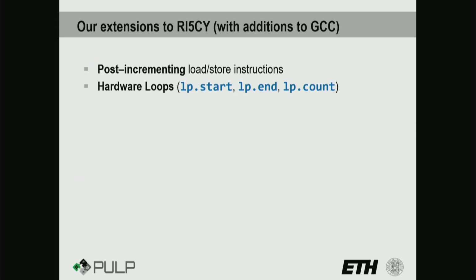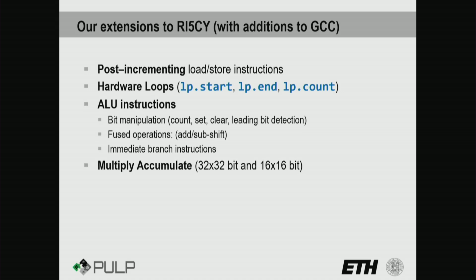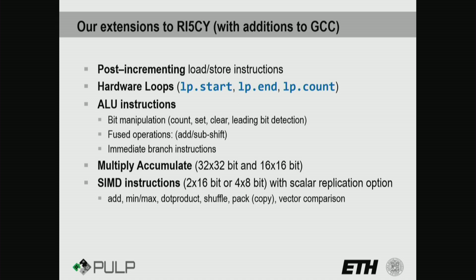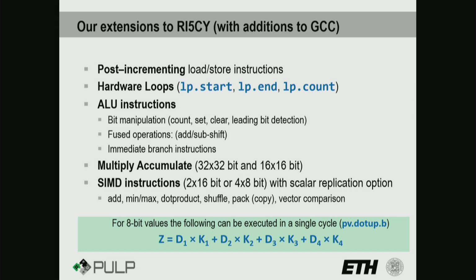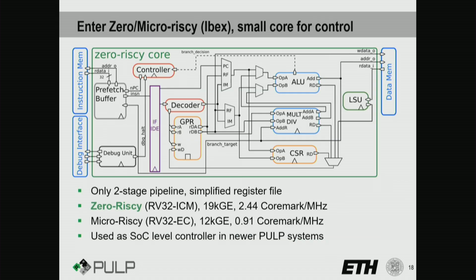These include post-increment loads and stores, hardware loops, ALU extensions, multiply-accumulate, and various bit-width SIMD instructions, which are packed, so you get 2x or 4x SIMD vectorization. And this allows you to evaluate such an expression as you see at the bottom in one cycle. And these also come with the accompanying GCC extensions.